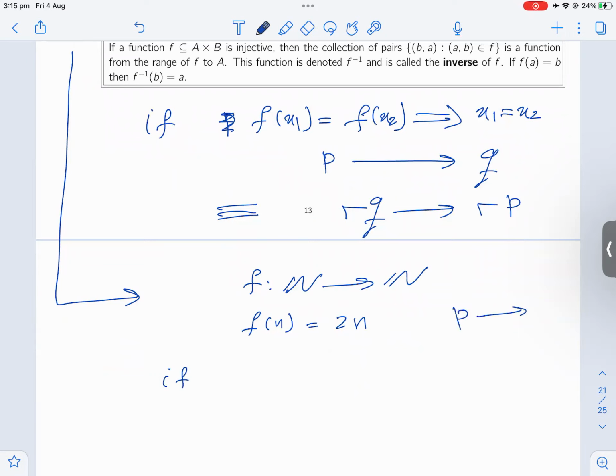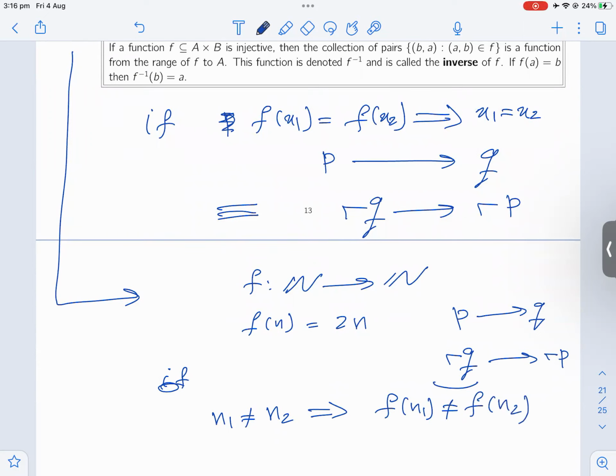I know I should do this one, but I like to do this one. N1 is not equal to N2, and it is easy for me: f of N1 is not equal to f of N2. Why?